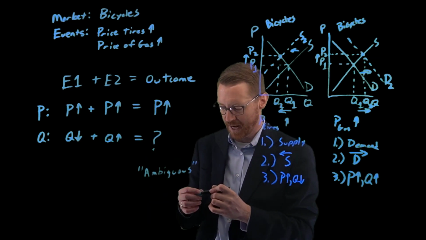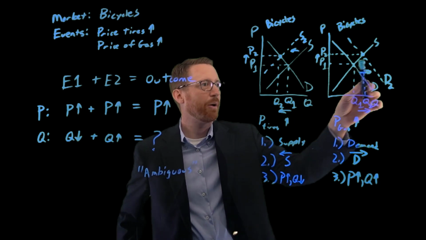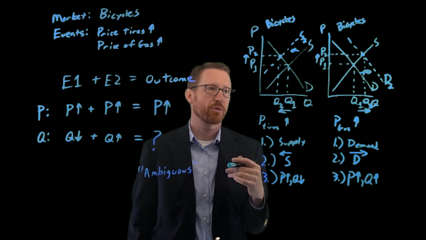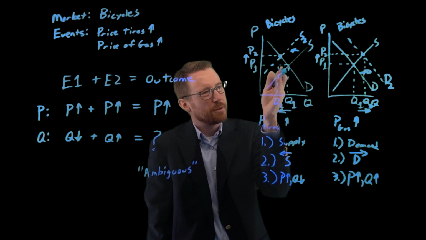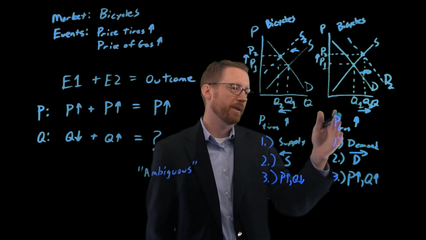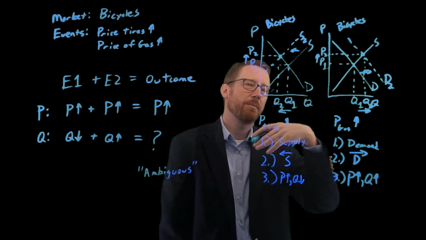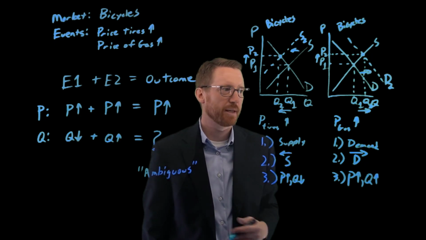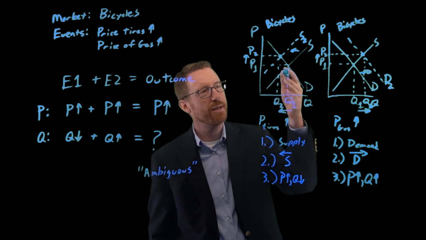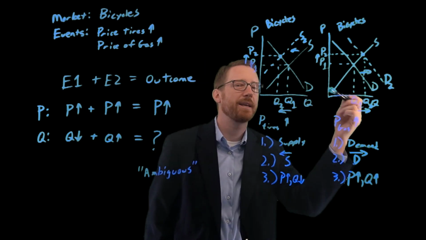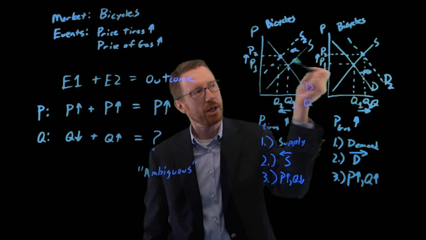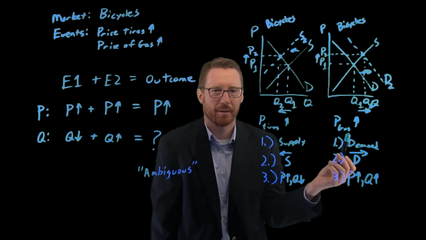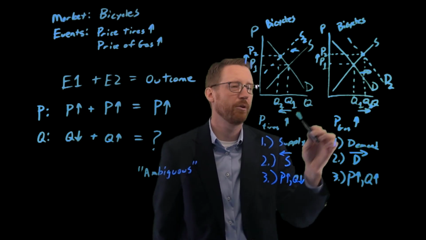So why do we not know? Well, it depends on how large these shifts are. If the price of tires increasing only moves the supply curve a little bit, but the price of gas increasing moves the demand curve a whole lot, then maybe we have an effect where quantity increases. But maybe it's the reverse, right? Maybe supply shifts to the left a lot, but the effect of gasoline prices doesn't really do anything in the bike market, so maybe the demand curve only moves a little bit.